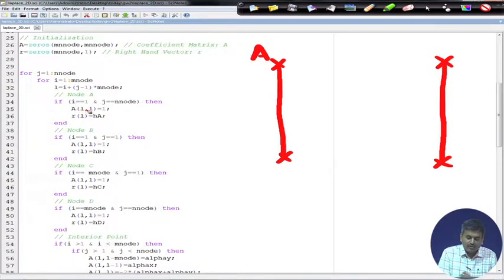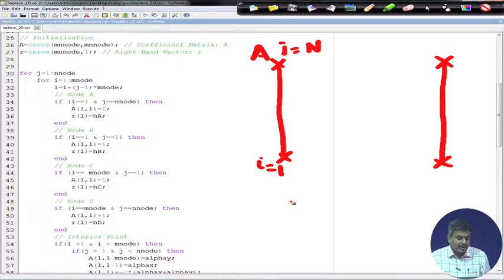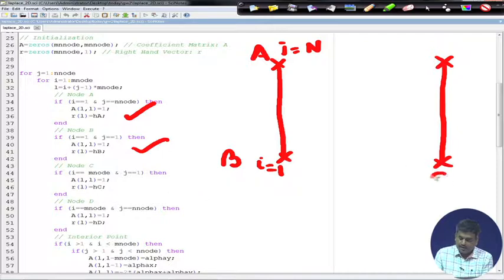So, if i equals 1 and on this line j equals n, we have defined A, similarly we can define B, then C, then D. So, we have defined our corner nodes.